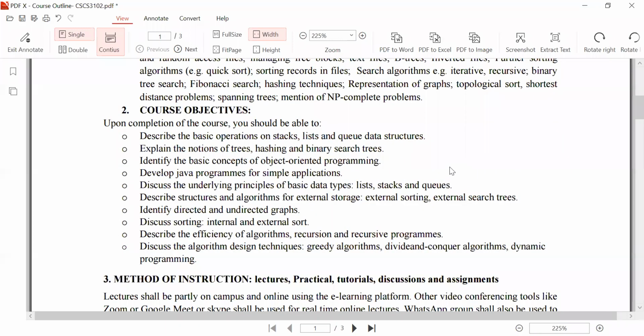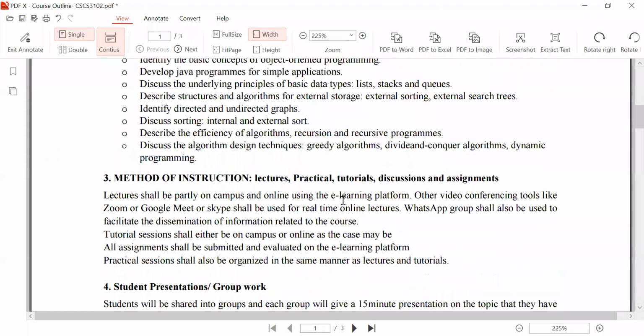So basically, I was just saying that in this course on algorithms and data structures, we shall look at algorithms and manipulate those algorithms in the Java programming language, which is an object-oriented programming language. Now, concerning the method of instruction, we shall normally have our lectures, either online or on campus.